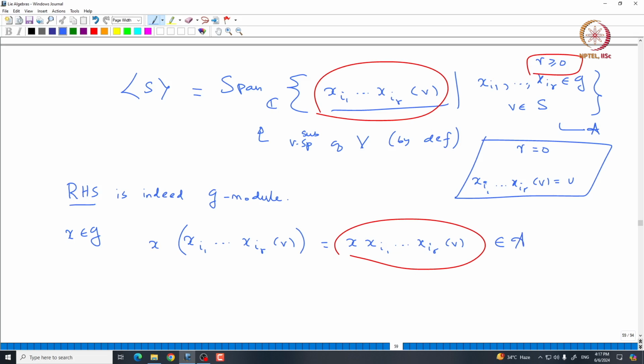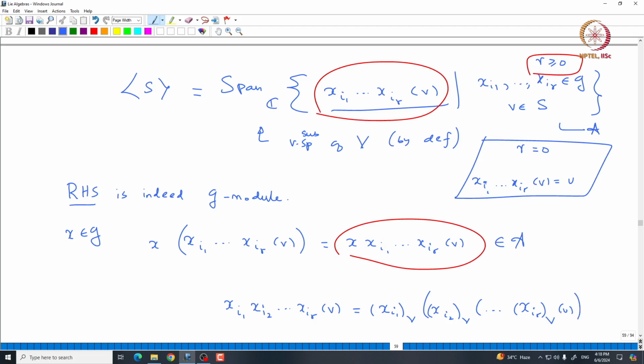This is all just a symbolic computation. But what one should remember is the meaning of xi1 etc. xir applied on v. It means you keep applying the maps xi1 of v composed with xi2 of v composed, etc., up to xir of v, applied on small v.